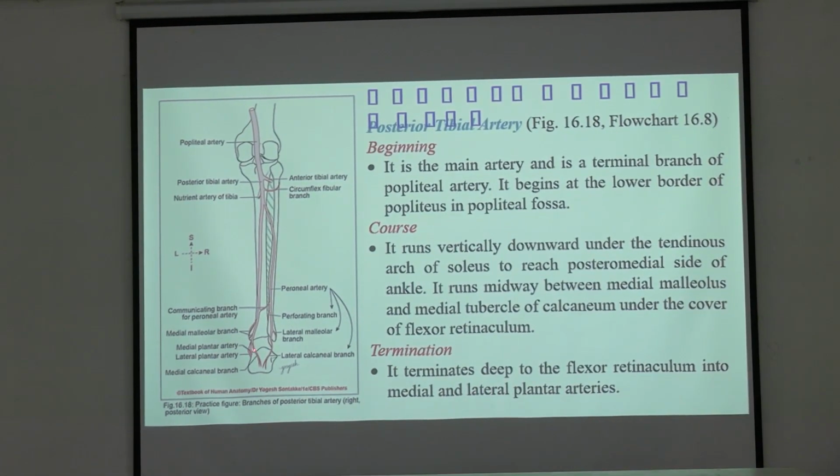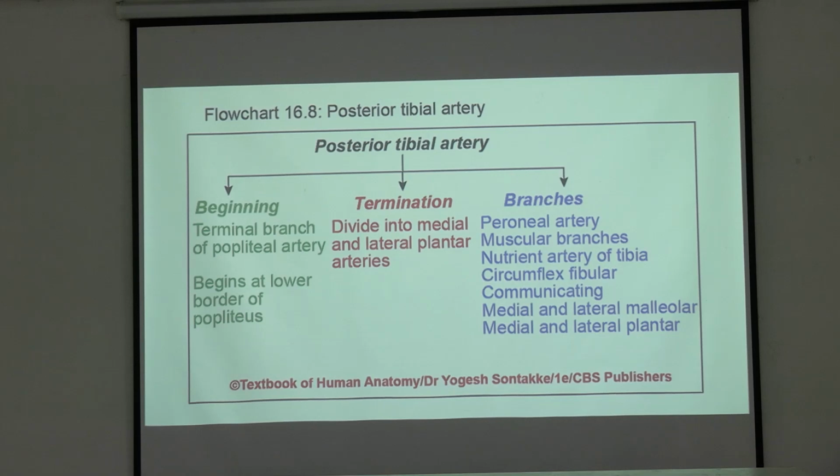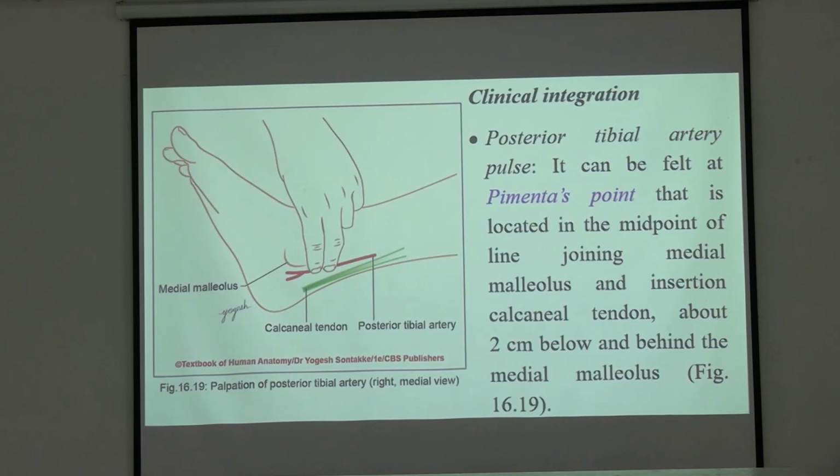It gives so many branches, medial malleolar branch, the calcaneal branch, these are all the branches, okay. There is an anastomosis around the ankle, that is not much needed for you, okay.